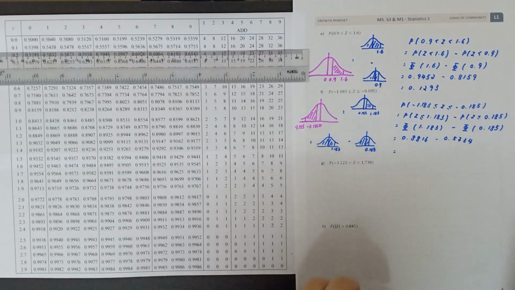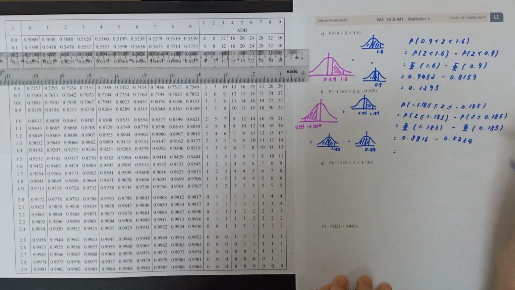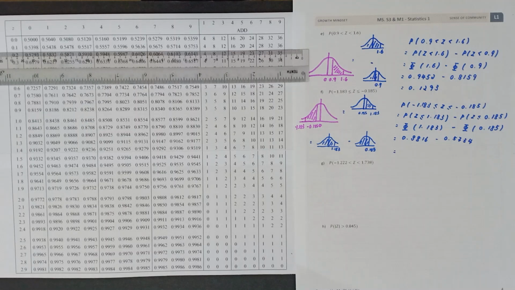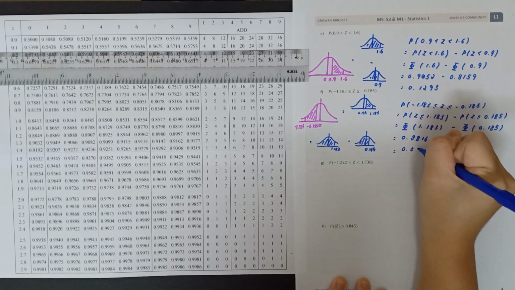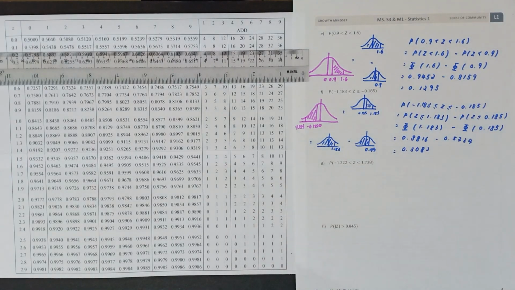When I subtract them, let me grab my calculator, hold on. So I have 0.8816 minus 0.5734, so I have 0.3082. That will be my answer. Alright, so move on to the next one.